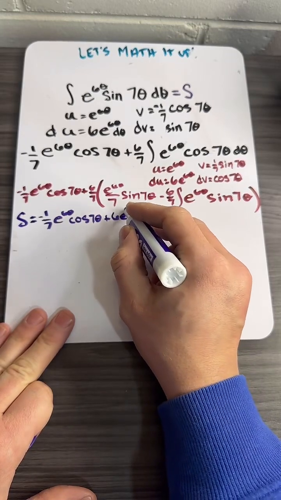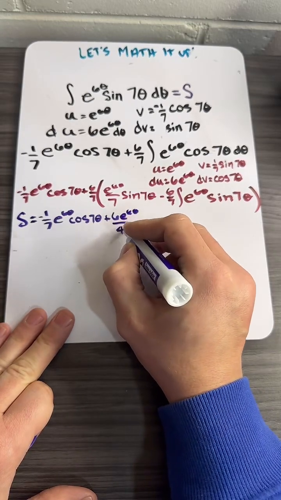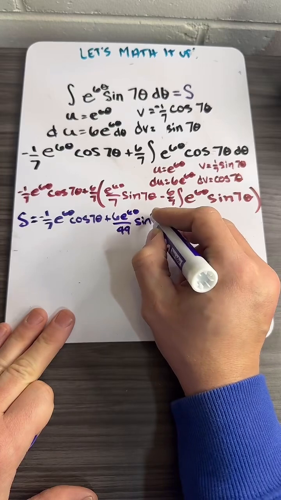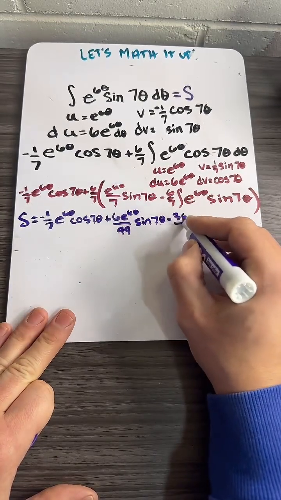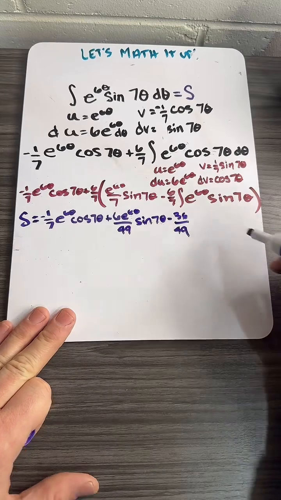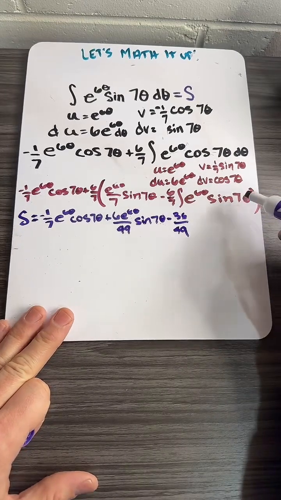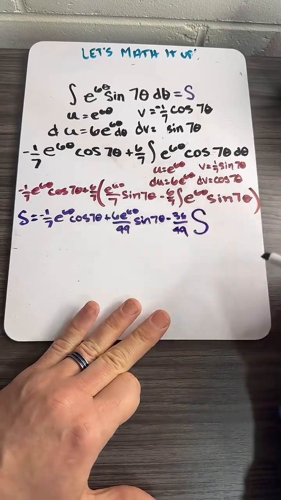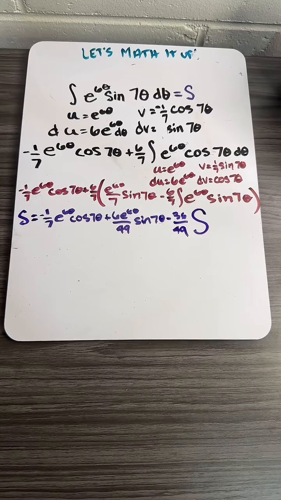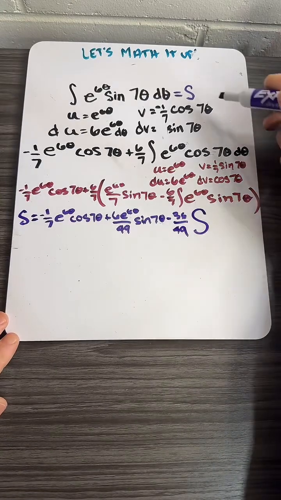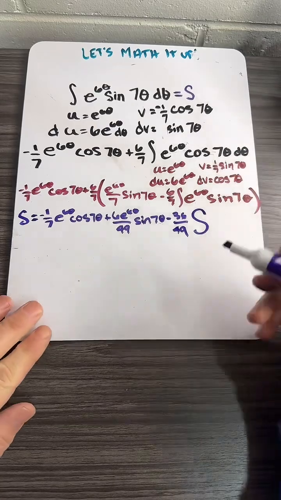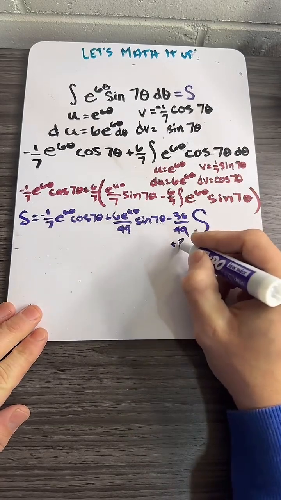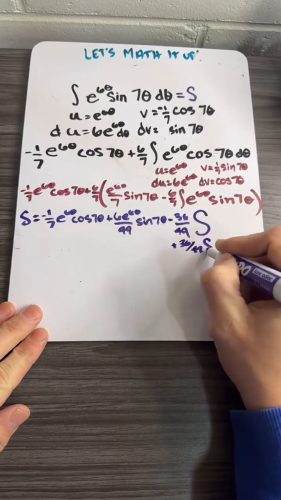So 6 e to the 6th theta over 49 sine 7 theta. I'm going to multiply the 6/7 minus 36 over 49. Now, instead of writing this again, I'm going to write s. Do you see that? Because this is the same thing as this up here, if that makes sense. All right, so what I have to do now is add 36 over 49's s.